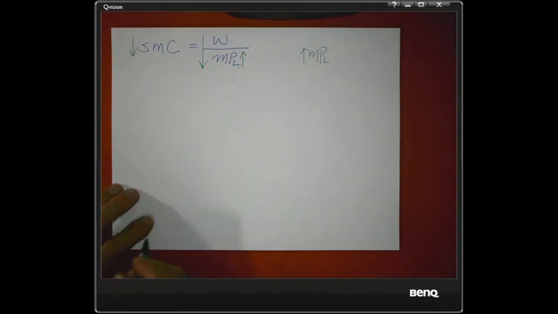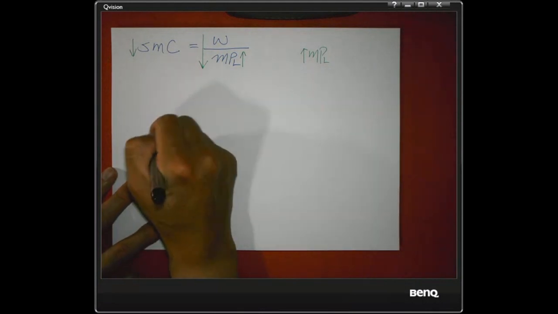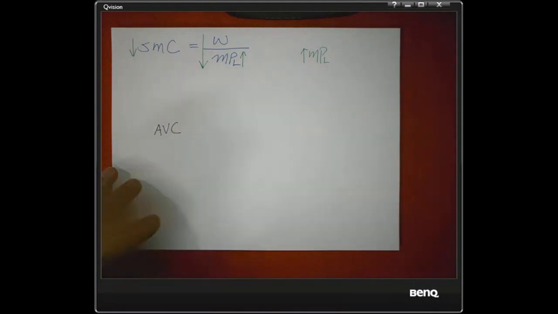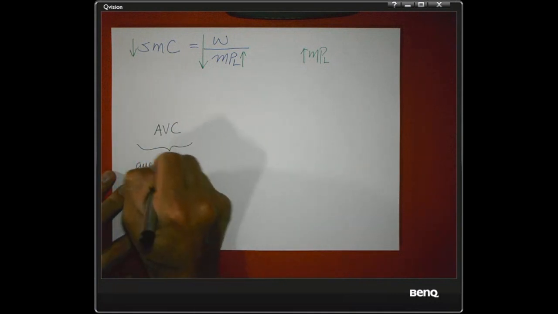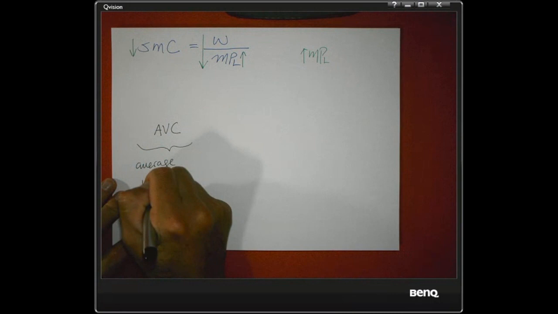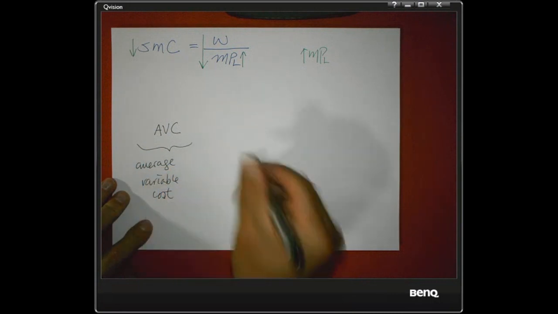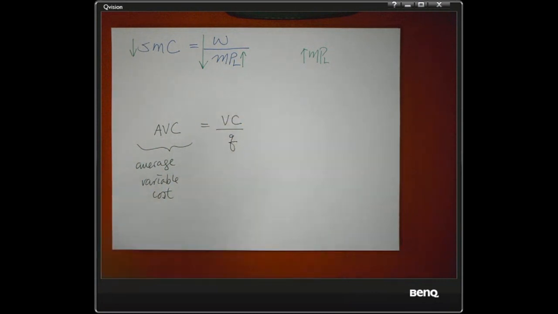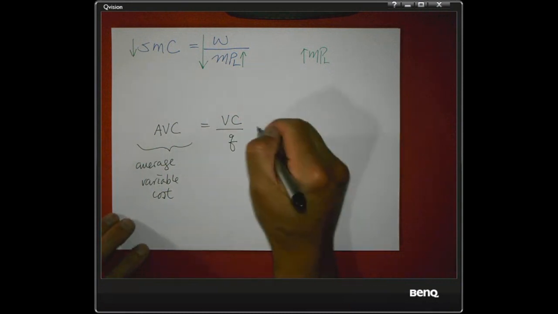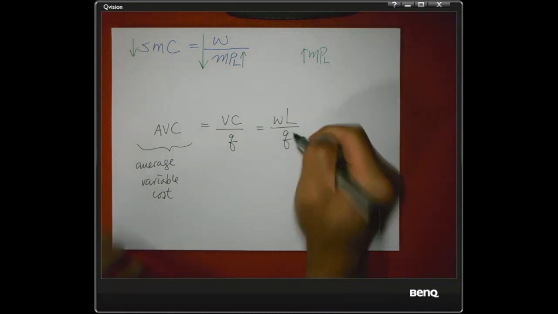Next, average variable cost is equal to the variable cost divided by the output, which is equal to W times L divided by output.